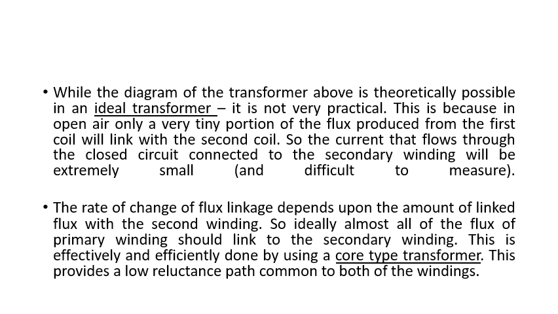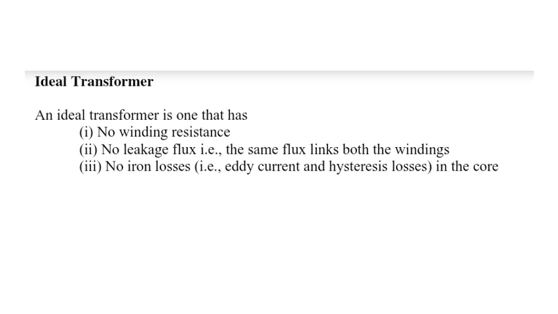This provides a low reluctance path common to both windings. We will discuss types of transformers and how they can be improved in the next lecture. First, let us learn about the ideal transformer.